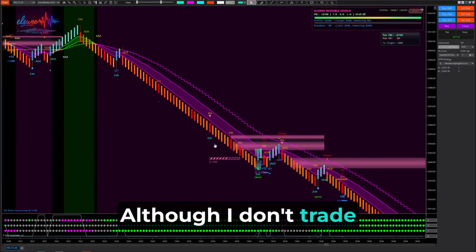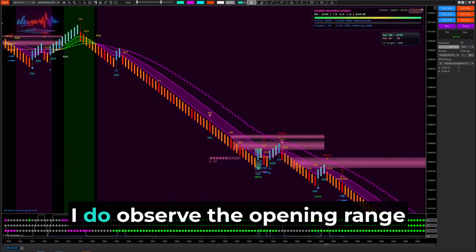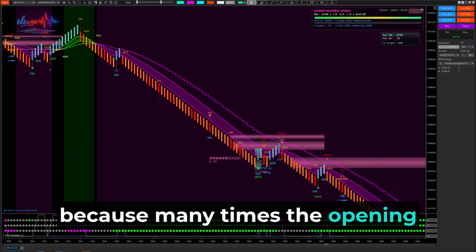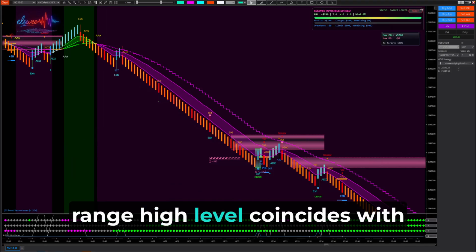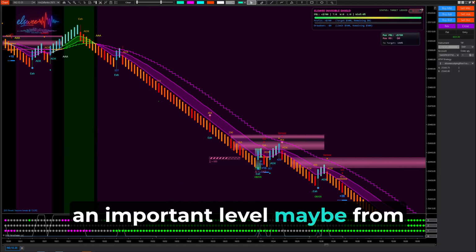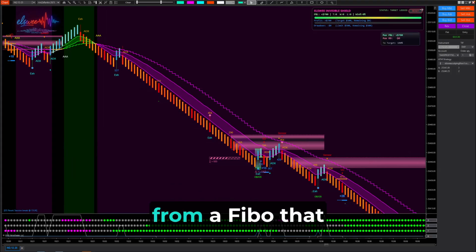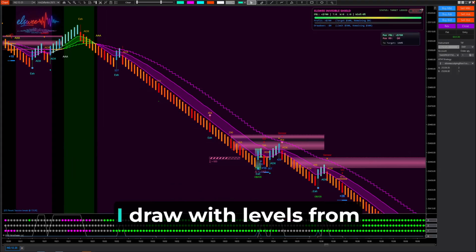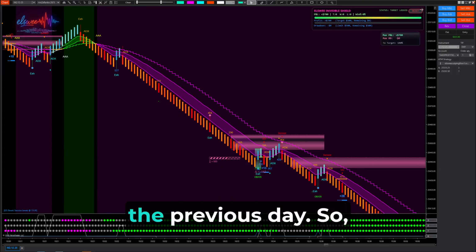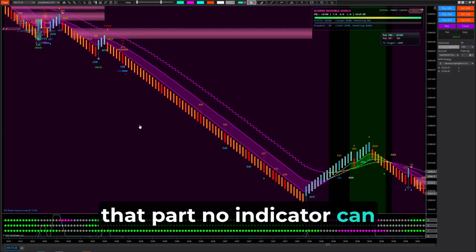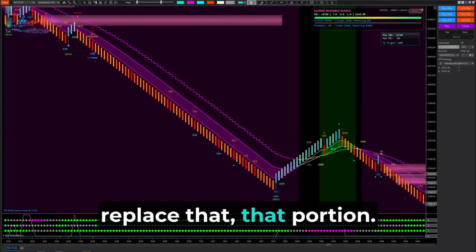Although I don't trade the opening range, I do observe the opening range to see where those levels are, because many times the opening range high level coincides with an important level, maybe from the initial balance, or maybe from a FIBO that I draw with levels from the previous day. So that part, no indicator can replace.